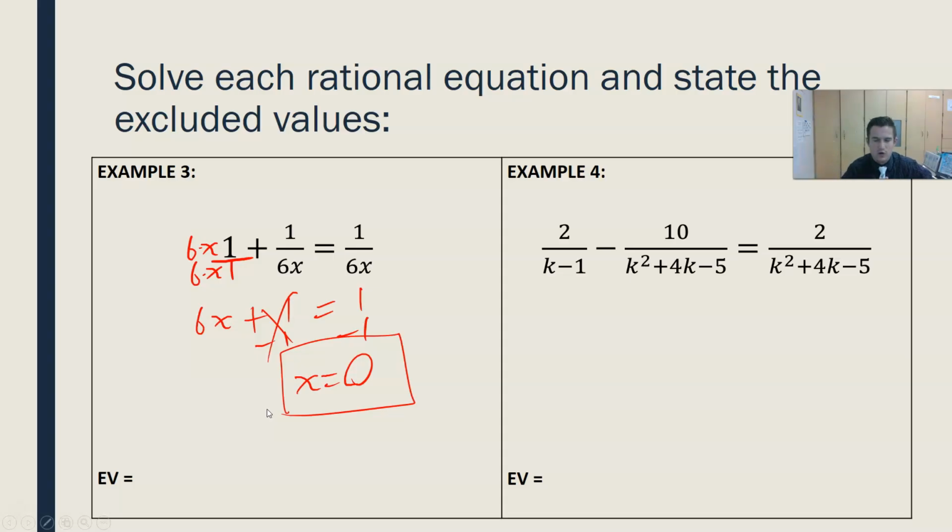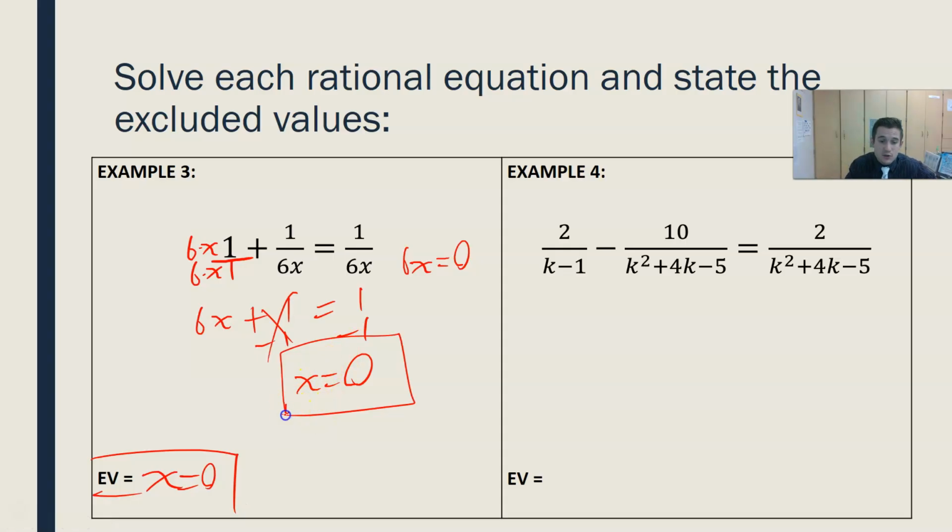Okay, so now let me check for my excluded values. If I set any of these denominators equal to 0, like here, if I set 6x equal to 0, an excluded value I'm going to get is x equals 0. 0 is not going to work as a solution in this equation because it's an excluded value. It would cause me to divide by 0.